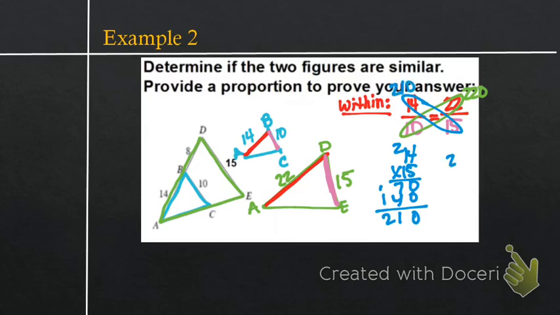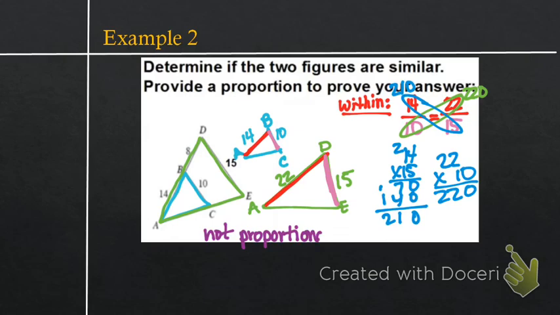Did I multiply wrong? 22 times 10 is 220. Let me make sure I didn't multiply this wrong. It's supposed to be the same. 14 times 15. Well, then I guess not. So then this one is not proportional.